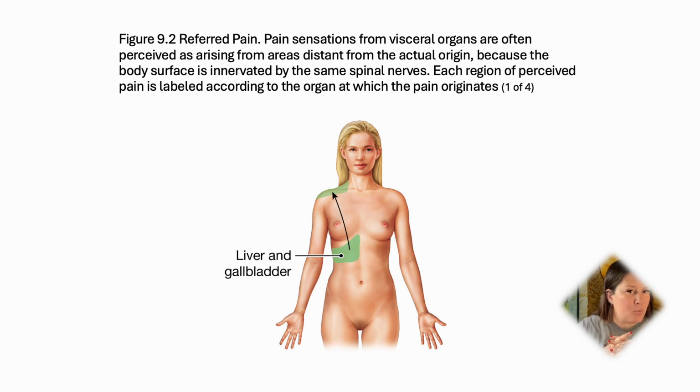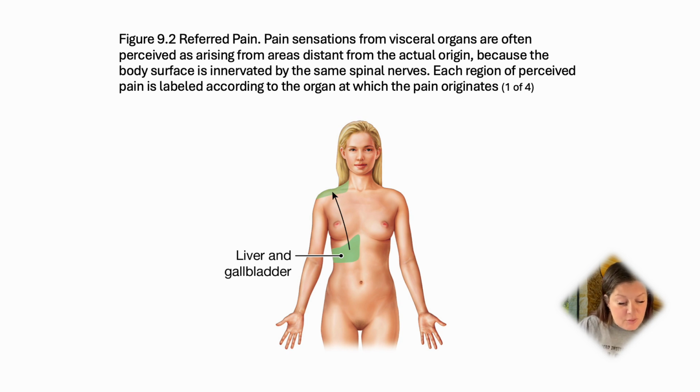So I may interpret it as something different. This is where referred pain comes in. Referred pain is I am experiencing pain, but I feel it in a different location than where it's actually coming from. That is really important to know.